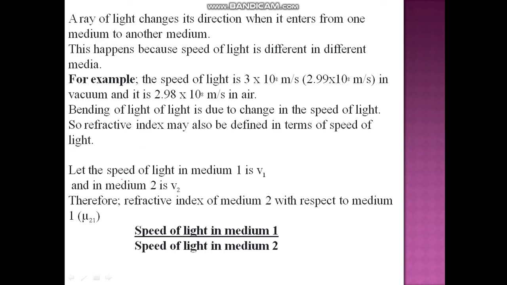That means the light is moving from medium 1 to medium 2, so you can write 1 mu 2 is equal to speed of light in medium 1 upon speed of light in medium 2. So light has entered from the first medium to the second medium, and the refractive index of the second medium with respect to the first medium is given by speed of light in medium 1 upon speed of light in medium 2.